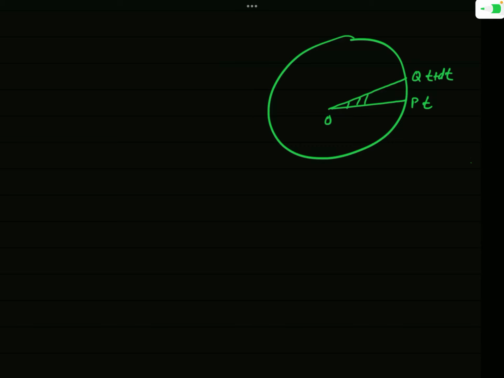So the area described by this radius vector r in time dt will be the area of the figure OPQ. Now again consider that the particle is here at this point R, at a time t equal to t prime, and at this point S, at a time t equal to t prime plus dt.